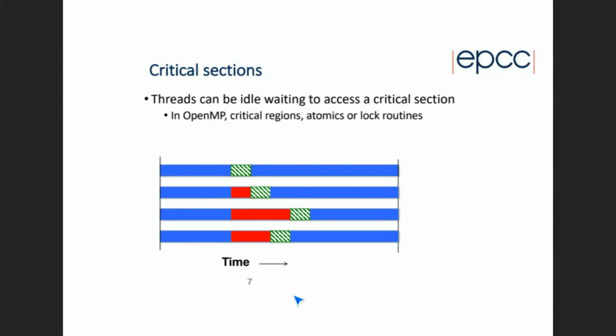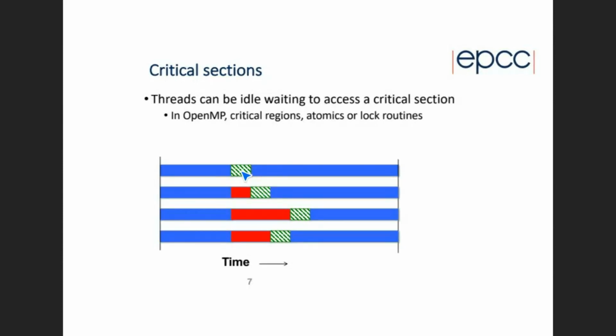Another possible source of idle threads is wherever we have critical sections. Threads can be idle, for example, waiting to access a critical section. In OpenMP, that would include critical regions, atomics, and lock routines. Again, suppose I have an activity diagram like this, and in the middle of a parallel region or parallel loop, there's some critical section, which is the green stripy bit.